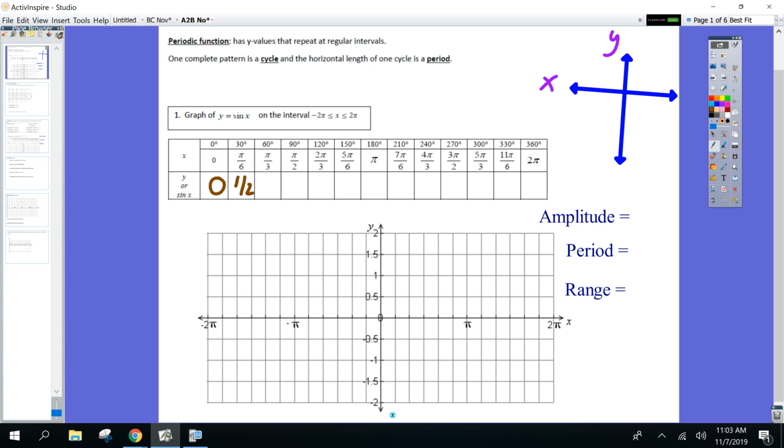I know we did that last unit, but just give me a decimal or two. 0.87. Okay, so 0.87. How about sine of 90? 1. Yep. And then can you guys do me a favor and fill in the rest for me? Okay. And then we'll graph it together.